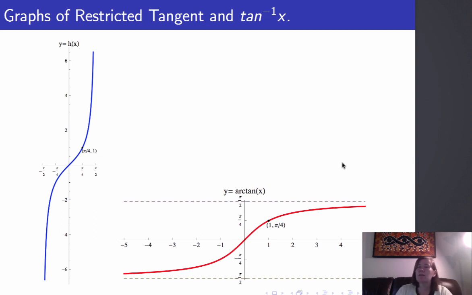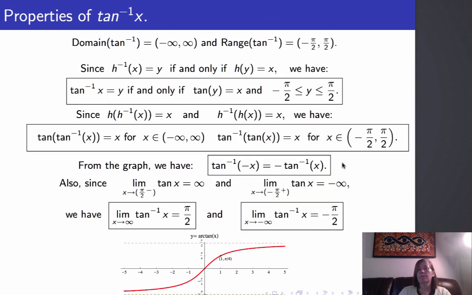So tan inverse of x can be applied to any number between minus infinity and infinity, and the result is an angle between minus pi over 2 and pi over 2. Putting together what we know from our theory of inverse functions, we know the domain of tan inverse is all numbers from minus infinity to infinity.